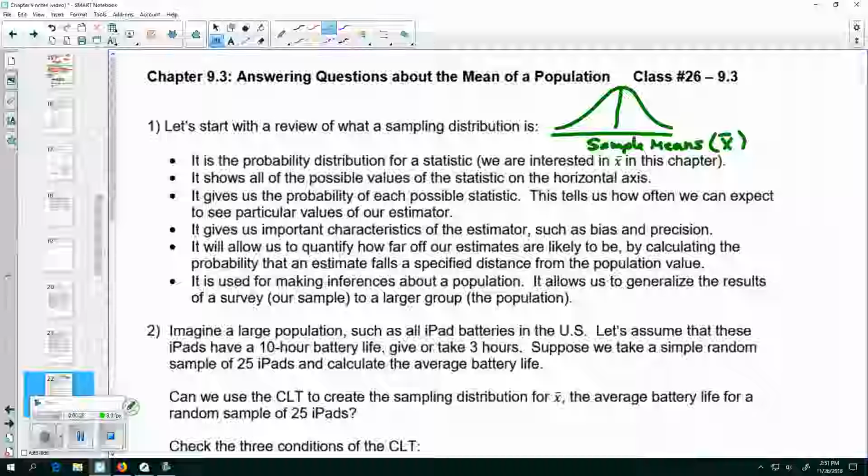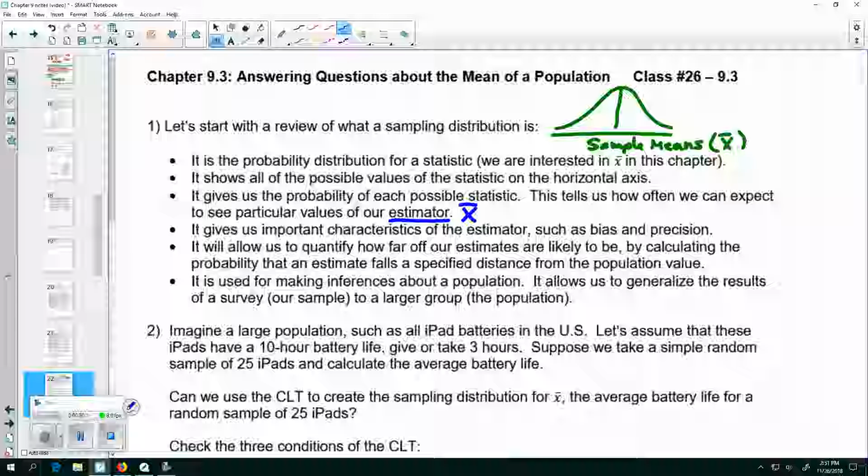So keep in mind it's the probability distribution for a statistic, and we're interested in x bar in this chapter. It shows all of the possible values of the statistic on the horizontal axis. It gives you the probability of each possible statistic. That tells us how often we can expect to see particular values of your estimator, x bar.